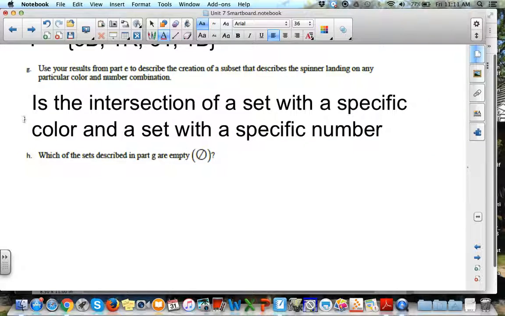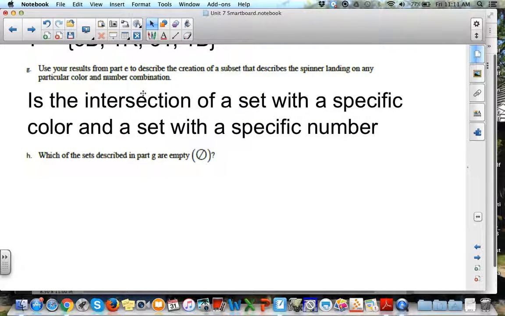So if I want to create a subset that describes landing on odd blue or yellows, well, I need all my odd numbers, then I need all my blue and yellows, and I need to see where they intersect each other. It's the intersection of a set with a specific color and a set with a specific number, and where do they cross each other.